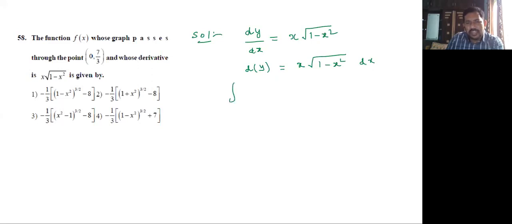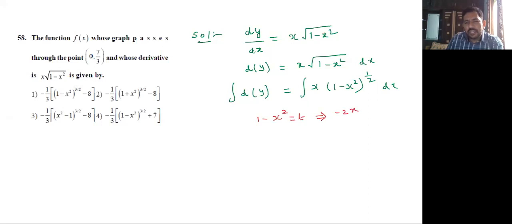Apply integration. dy is equal to integration x into 1 minus x square whole power 1 by 2 dx. This is how to do that. 1 minus x square is equal to t. Then what happened?